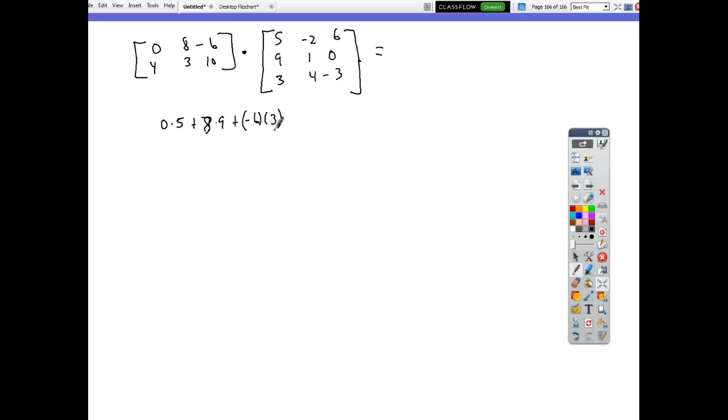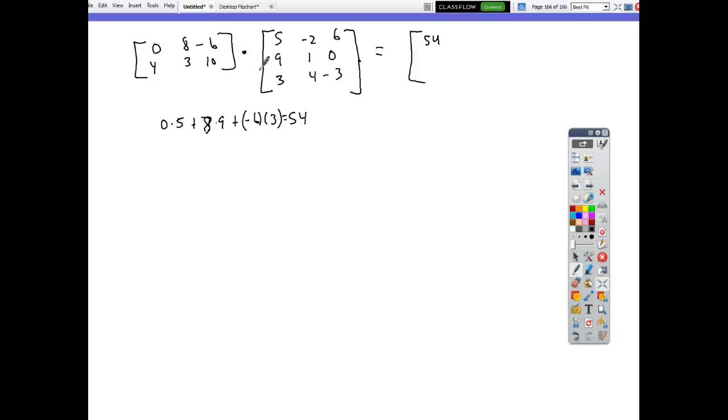That would be 54. Is that right? So up here in this corner, I'm going to write a 54. Row times column gives me that one there.